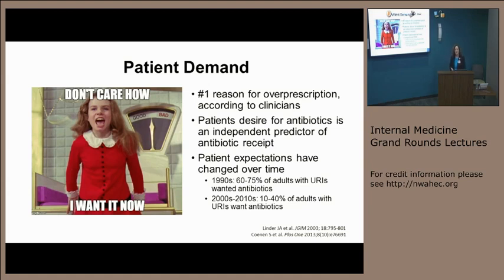Interestingly, patient expectations have changed over time. Literature from the 90s indicated that 60 to 75% of adults with URIs wanted antibiotics, whereas more recently, 10 to 40% of adults with URIs want antibiotics. So the public has been changing, and what patients want has been changing.